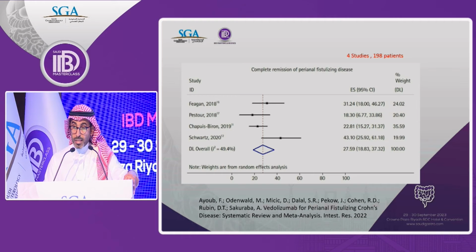In a systematic review and meta-analysis, in 4 studies in 198 patients, the complete remission of the perianal fistulizing disease was almost 28%.